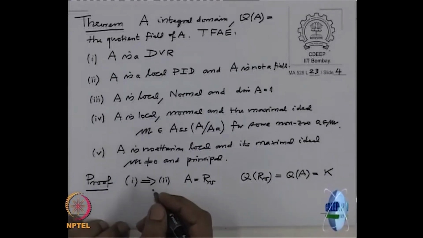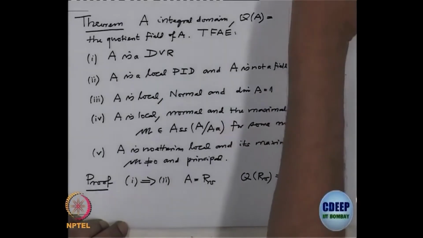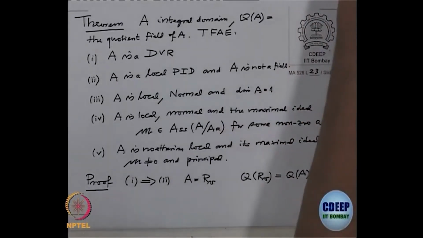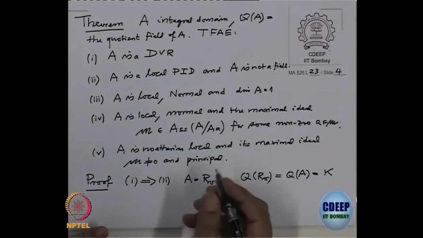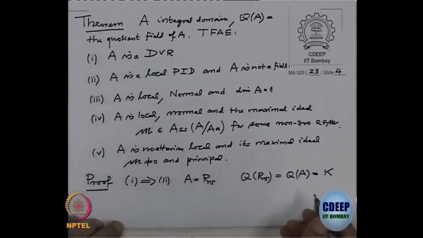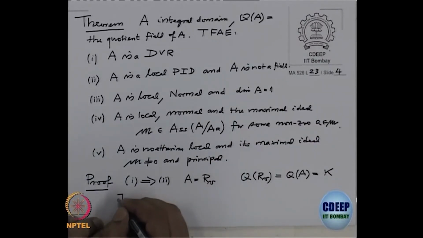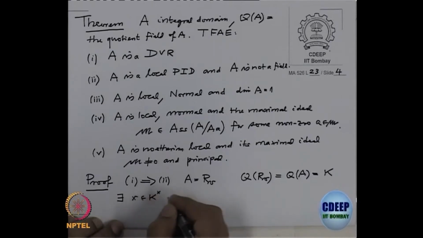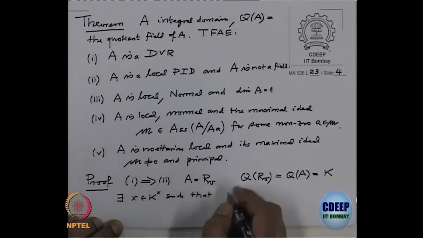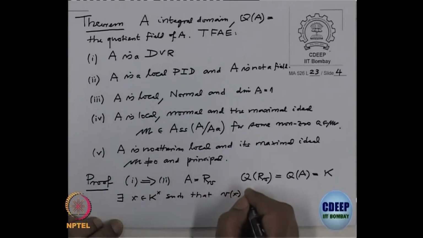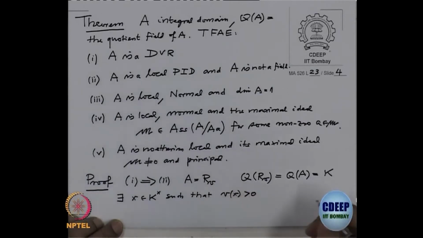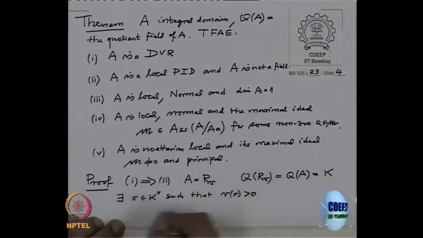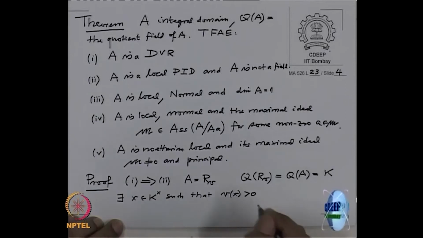By condition 2 of the valuation, which says that it is a group homomorphism, there exists at least one element x in K cross such that V(x) is positive. If not, then V(x inverse) will be positive. So, in any case there is one x so that it is positive.